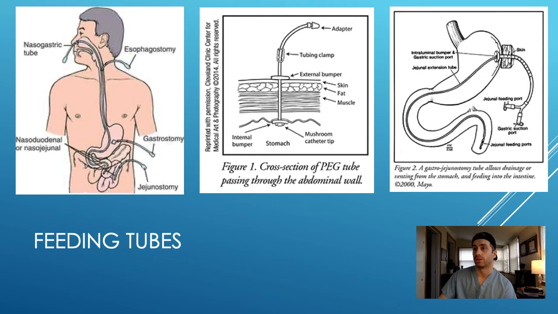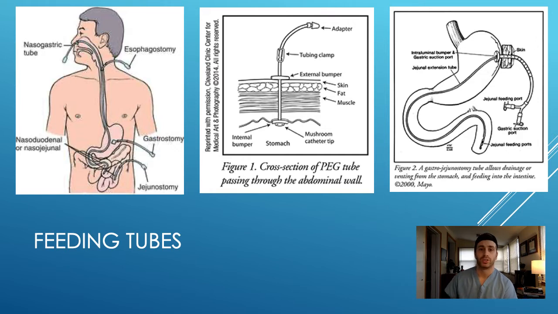They'll either go from the nose and sit in the duodenum, which is right after the stomach, or they will go past the duodenum into the jejunum. And then you have a jejunostomy tube as well, which is similar to a gastrostomy tube, but just a little lower in the jejunum. In the middle picture, figure 1, you see a cross-section of a PEG tube.